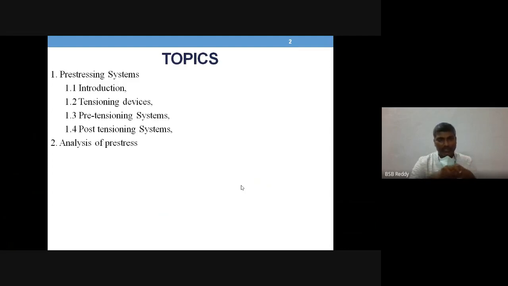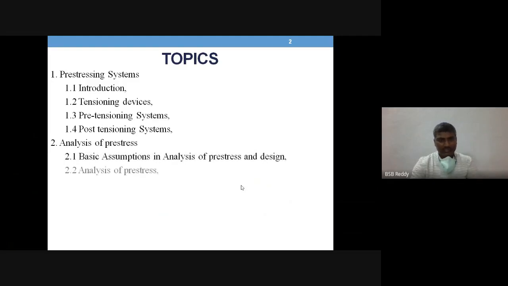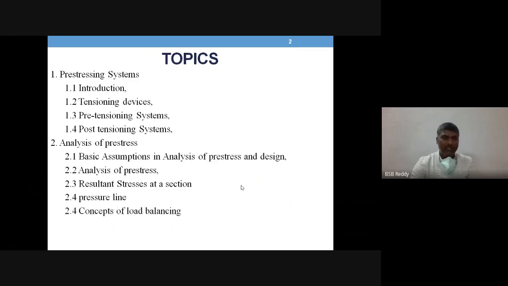When it comes to the other half of Unit 2, we have analysis of pre-stress. So we'll have some basic assumptions, and we'll talk about analysis of pre-stress and how to calculate resultant stress at a section, what a pressure line is, and the concept of load balancing, and how you get stresses in tendons, and finally how you get the cracking moment value, right?